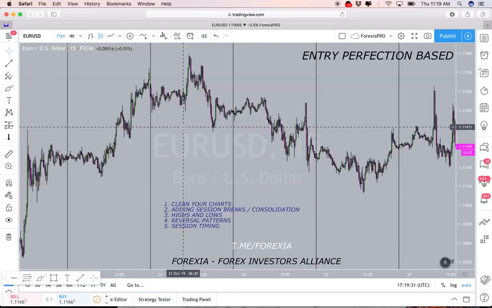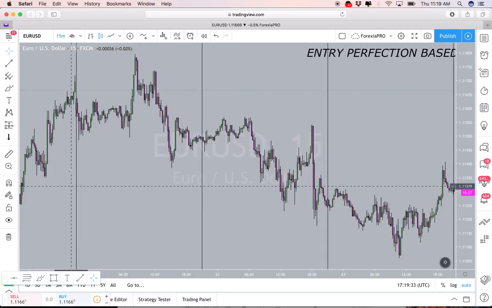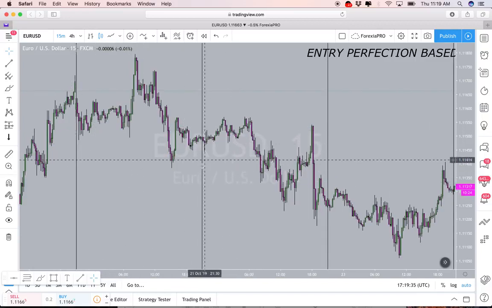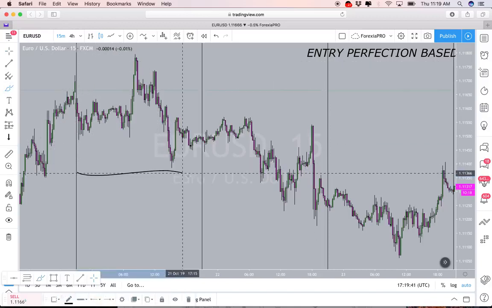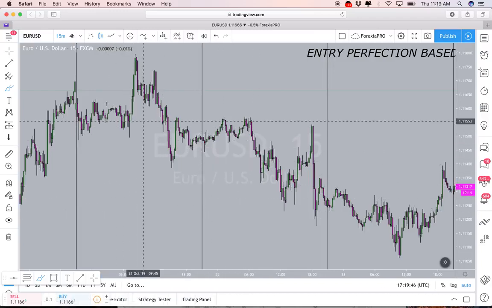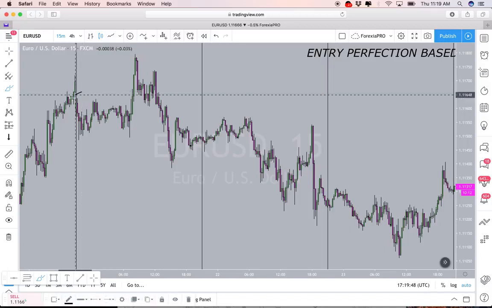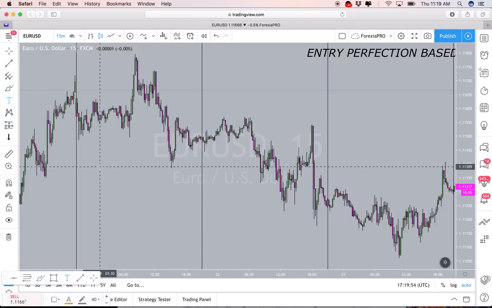So first of all, we have the start of one day and the end of the next. This marks, like I said, a 24-hour period, right? This is one day, this is the next day, and we can see right here there's actually a gap right here. So that's an indication that the market opened.